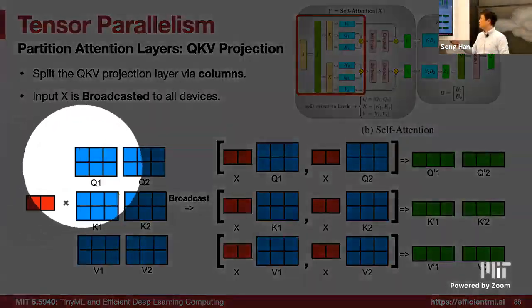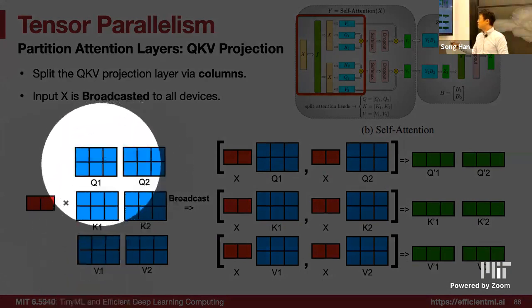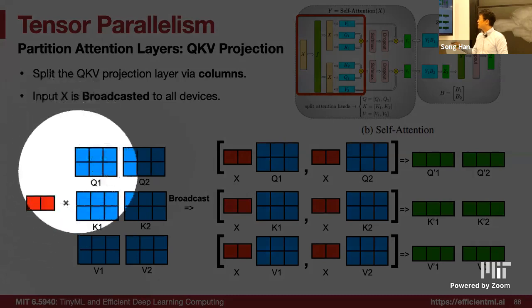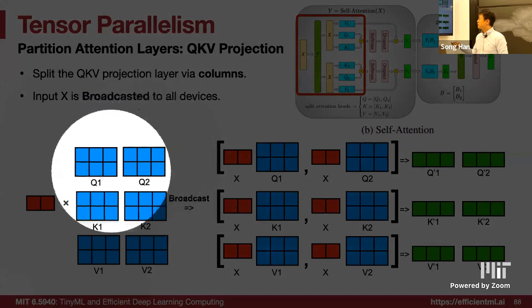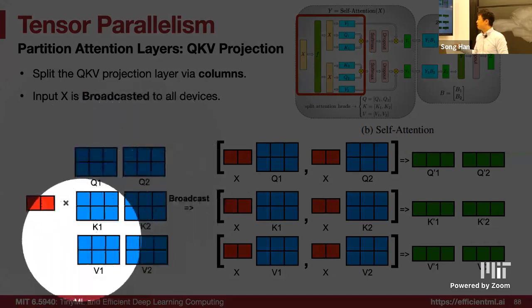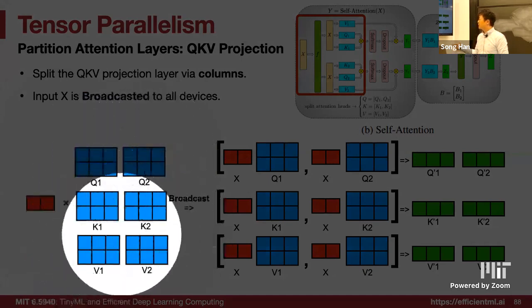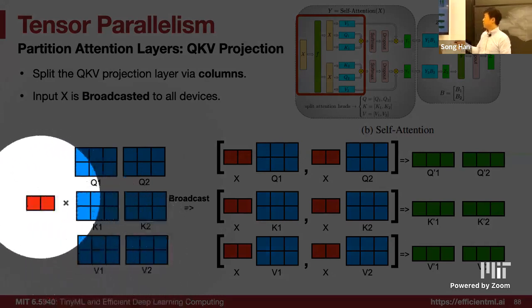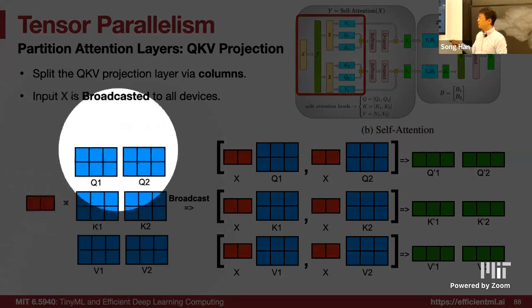So this is the 3 transformations for the input. The hidden dimension is 2. So we have 2 by 6 for Q, 2 by 6 for the key, and 2 by 6 for the value. The input is 1 by 2, times 2 by 6, so that's a perfect match.